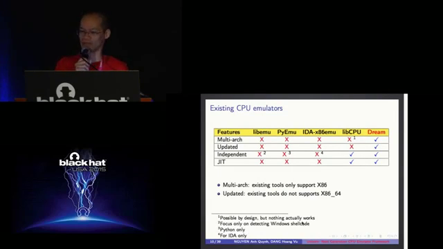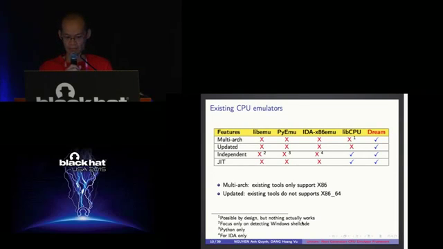It was last updated, I think, 4 years ago, with no more development after that. So I list libcpu here, but actually nothing works with that project. Updated: nothing is updated. Why? Because no single emulator you can see here supports Intel 64-bit, which is a very common and very important architecture now, right?